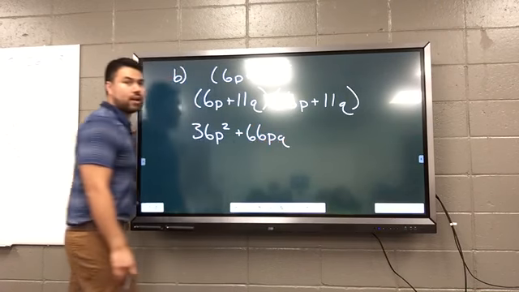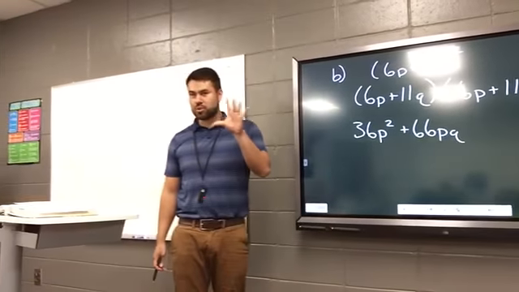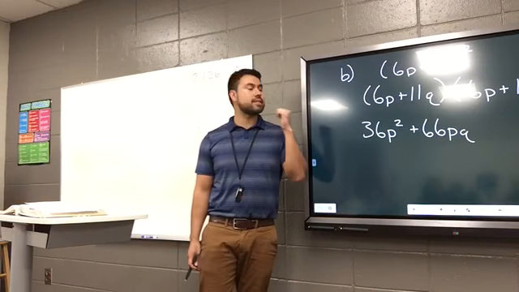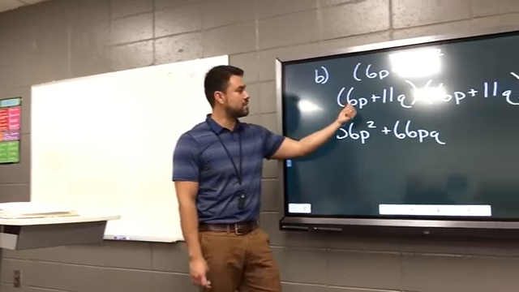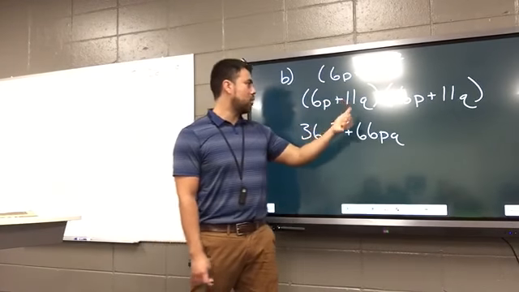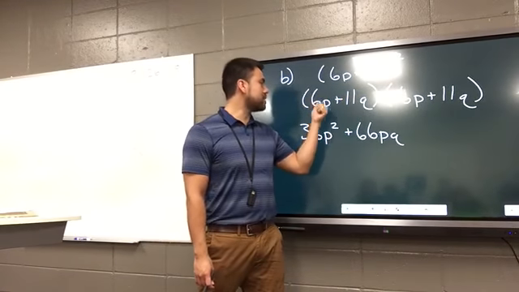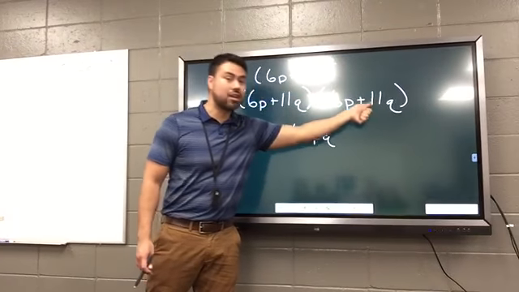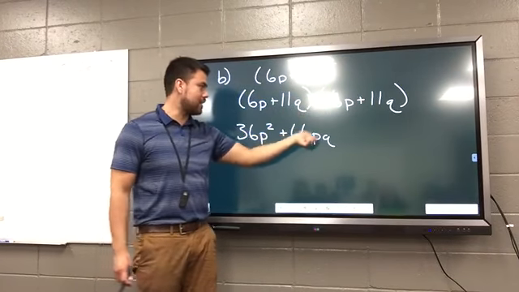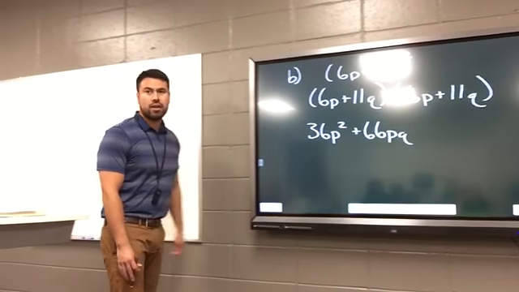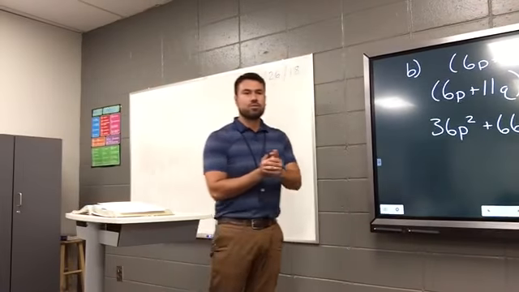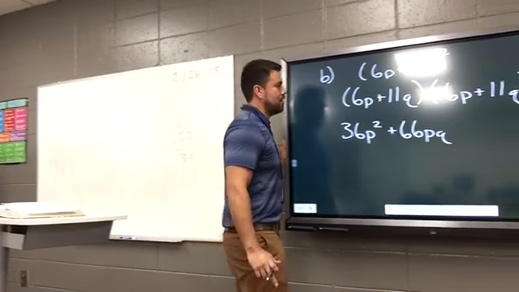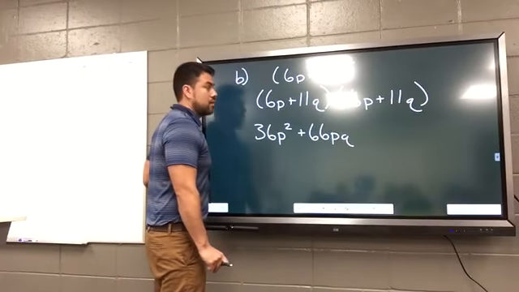66pq. By the way, what I noticed on your homework, even just by observing you guys, is that if you missed a sign, just think: positive 6p times positive 11q is positive 66pq. What are the inside terms, Alex? 11q and 6p.